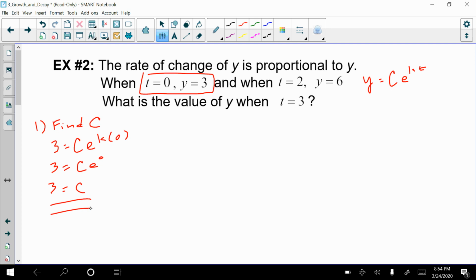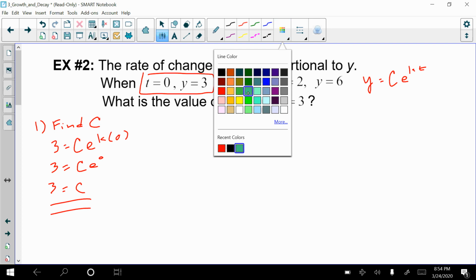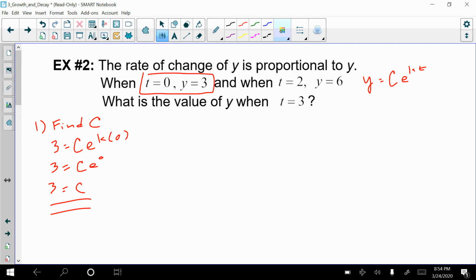Now I'll pick another color here for this. Now that I do have a value for c, let's say that this is our second thing that we're doing. Let's find k, because I need my equation in order to be able to solve the question that it's asking: what's the output when t is 3?